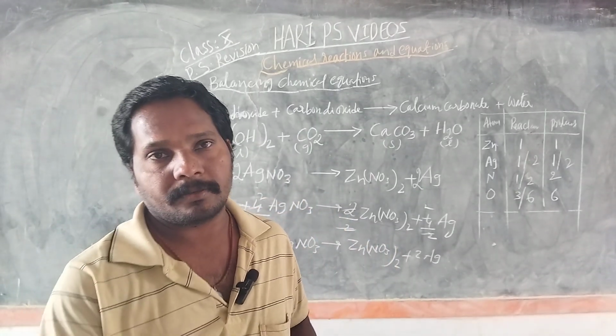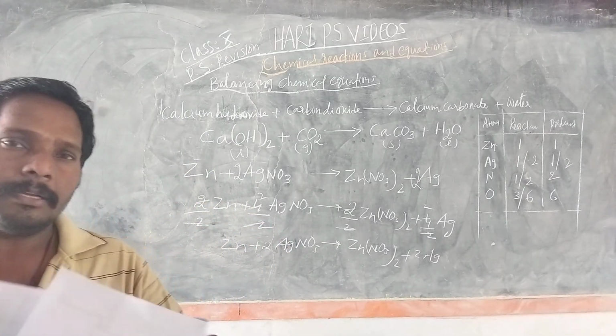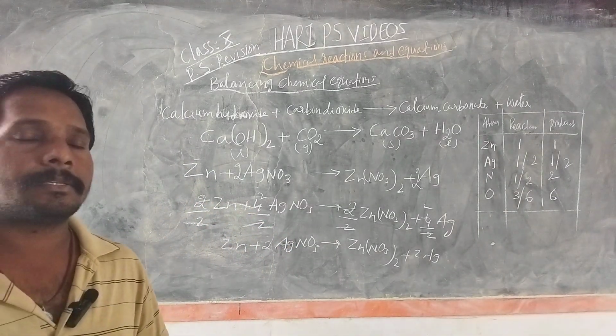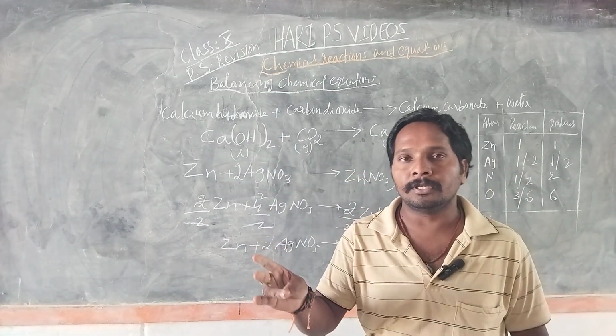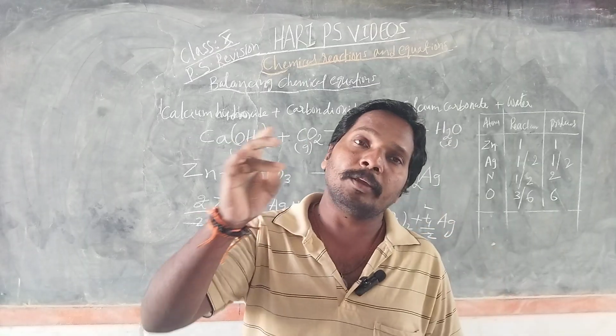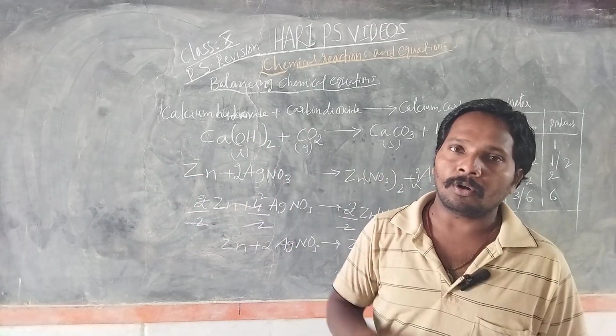Right, so these we have completed, the 8 marks questions. Explain the following reactions. We discussed chemical combination and decomposition. In decomposition, we discussed three types: thermal decomposition, photolytic decomposition, and electrolysis.